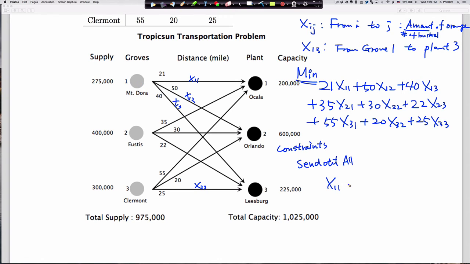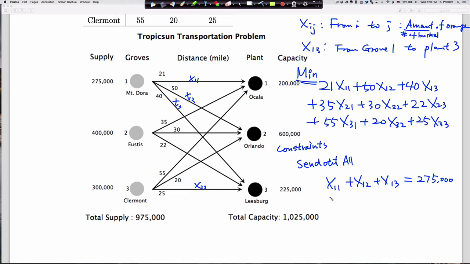So from 1 to 2 is x12 plus x13. If you add these 3 numbers, this will be the total amount of orange sent out from group 1. Because you cannot send out more than you have, it cannot be greater than this number. And since you want to send out everything, because you want to process all of the orange you have, it has to be exactly 275,000. So it cannot be less than this number, it cannot be greater.